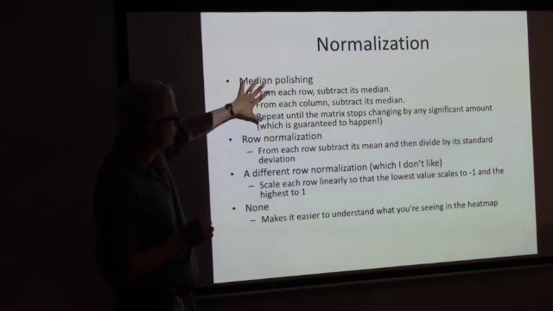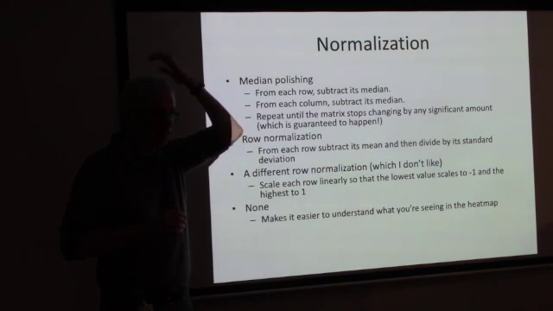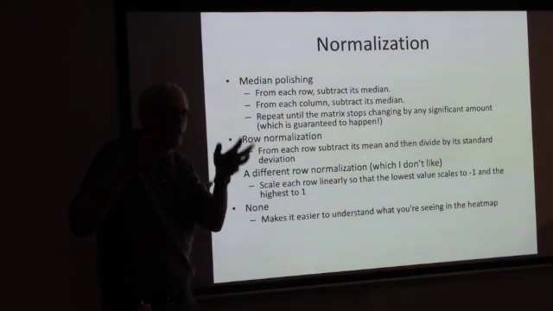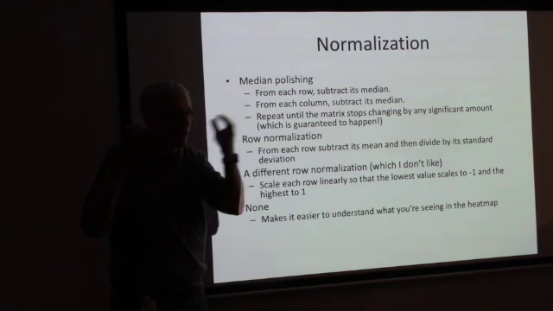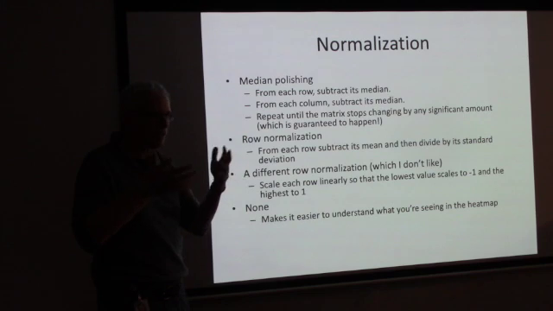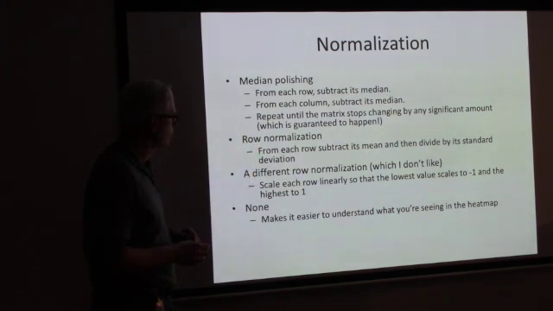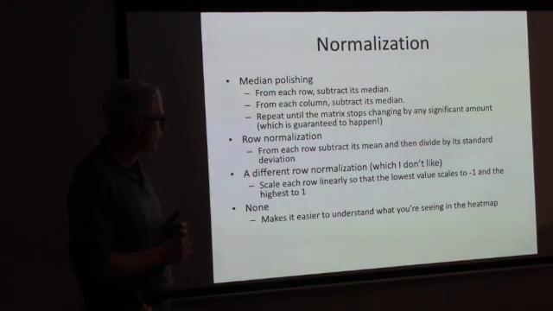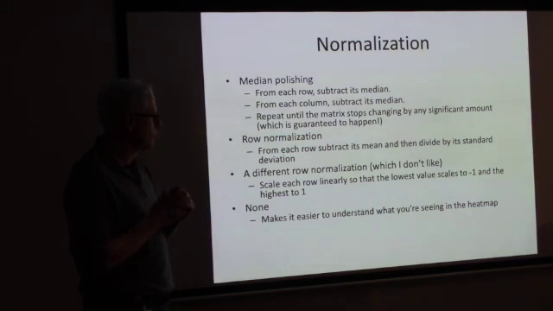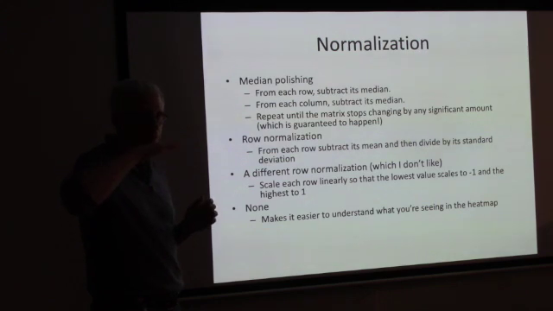So that's a very popular way, so that everything that's positive indicates more than what's in general in that row and column, and everything that's negative is generally less. But another popular way is to take each row, every feature, like every gene, and normalize just the row.